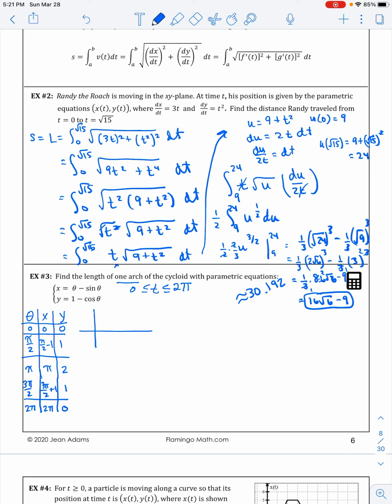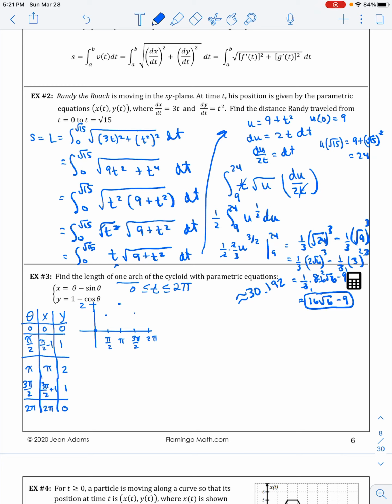So if we just do a little sketch just to make sure we know what's happening here, we do have 0, 0. Okay, so let's say that's pi over 2. Let's say that's pi, 3 pi over 2, and 2 pi. And so our highest one is going to be 2.